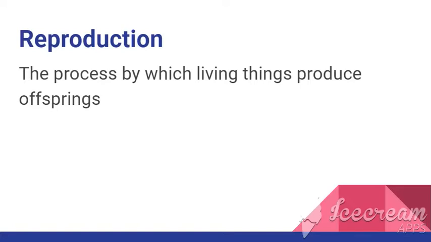Without producing more individuals, a species would not be able to survive generation after generation. By the process of reproduction, the various species continue to live and ensure biodiversity, which is essential for maintaining balance in nature.